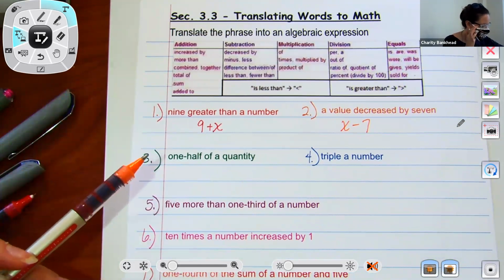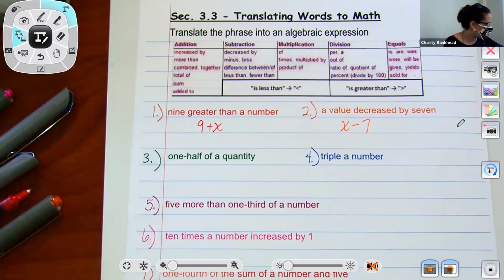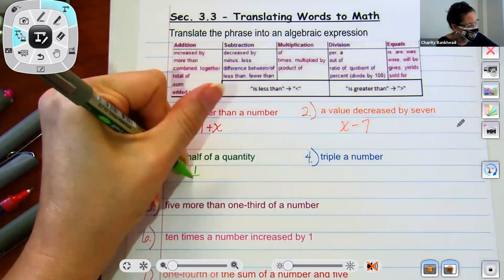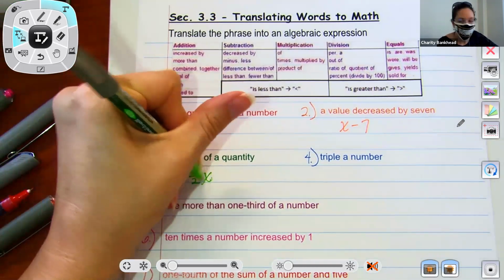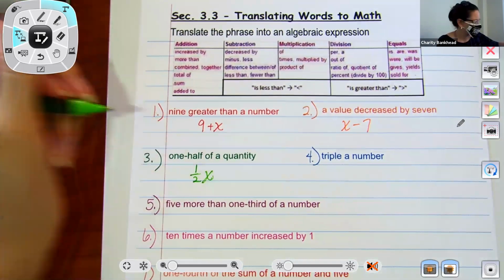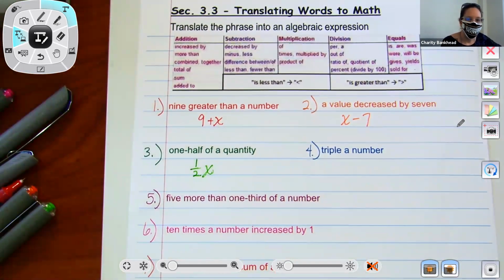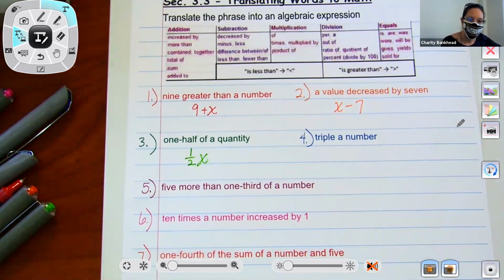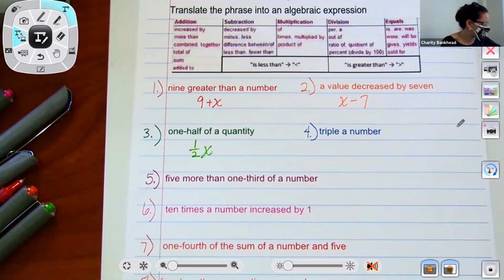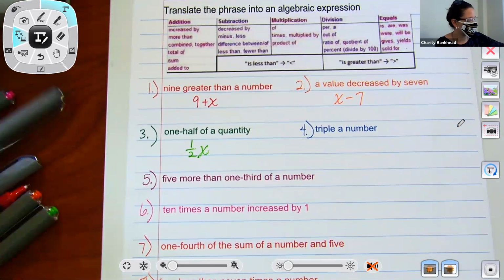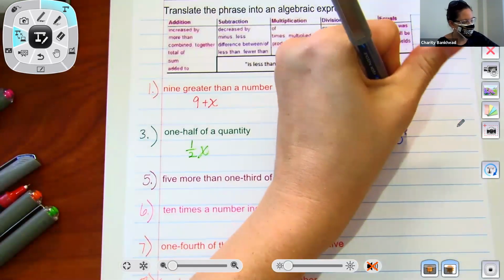So 1/2 of a quantity would be 1/2 times X, and typically we would just write that as 1/2 X. And then triple a number, that would be 3 times X, or in other words, just 3X.